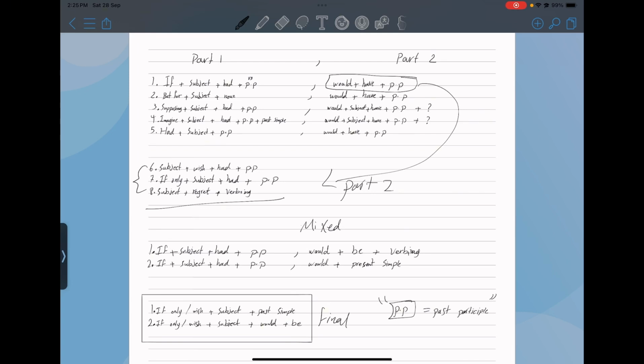And don't forget, these two are questions. Don't forget. And you have to practice to know all of them, and so you don't get confused, just practice. So all of them are important, all of them you should know.